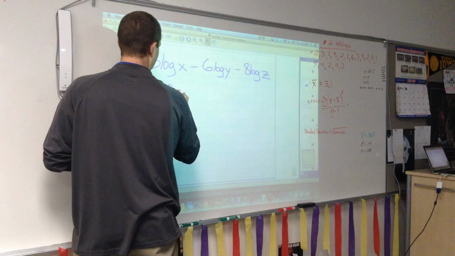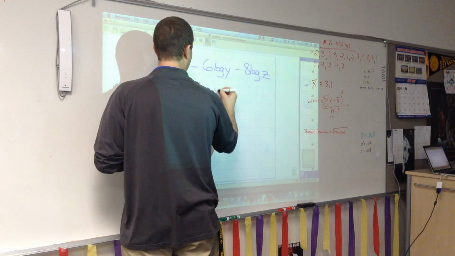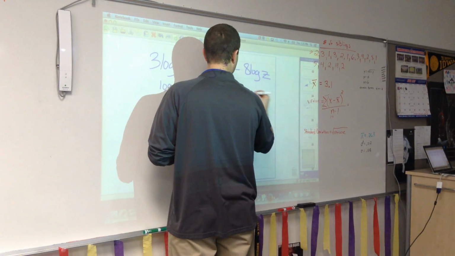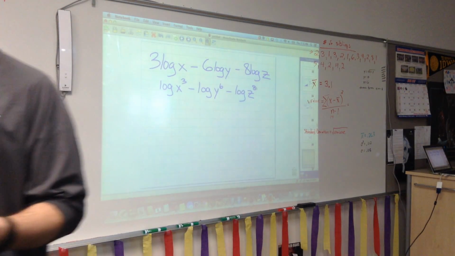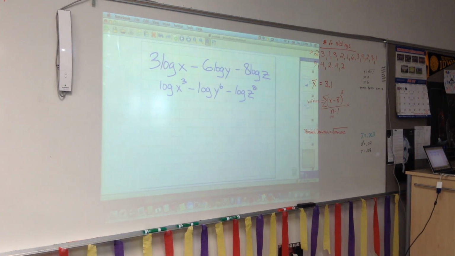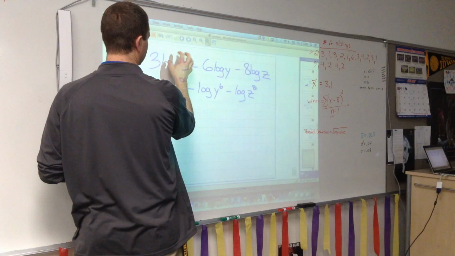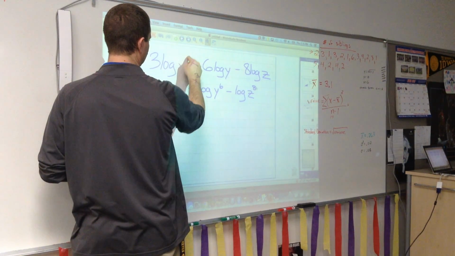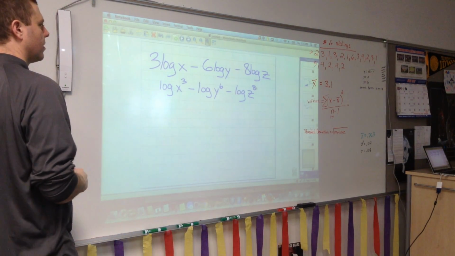So really now I have the log of x cubed minus the log of y to the 6th minus the log of z to the 8th. I'm using that last property, that power property that I showed you, where when you have a power to a power, you're multiplying. So if we're taking 3 times this exponent, really it can be this raised to the third power, that x raised to the third.